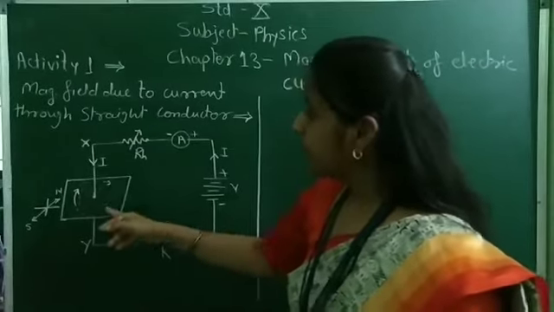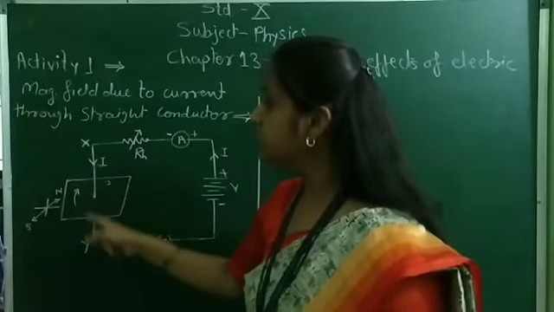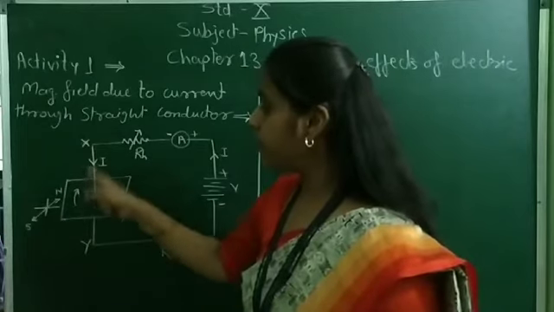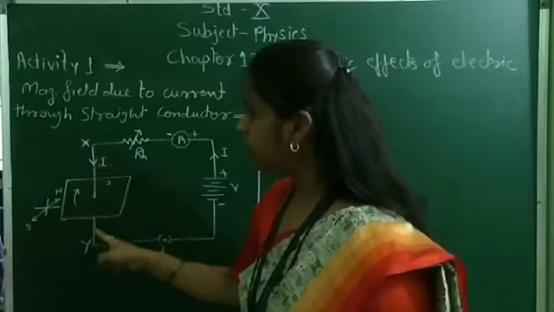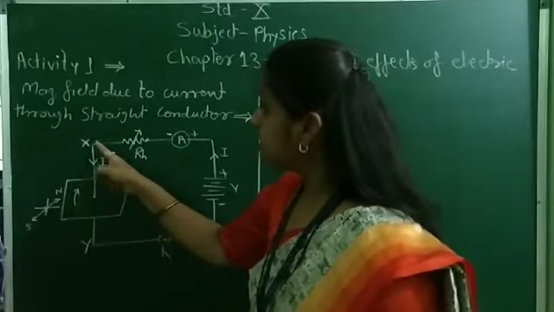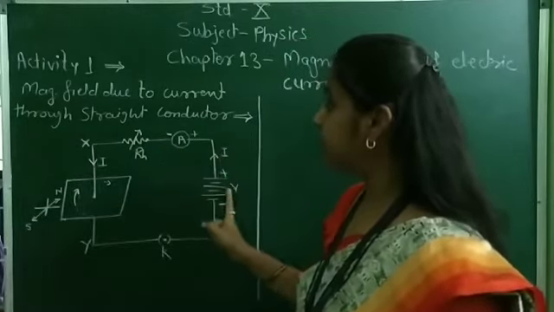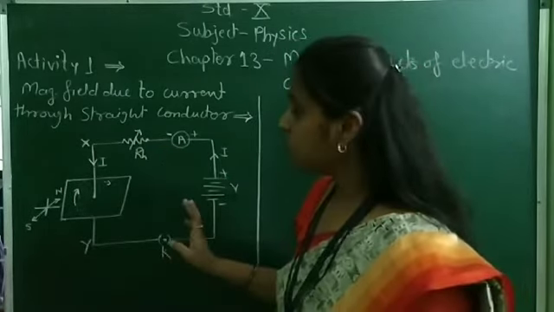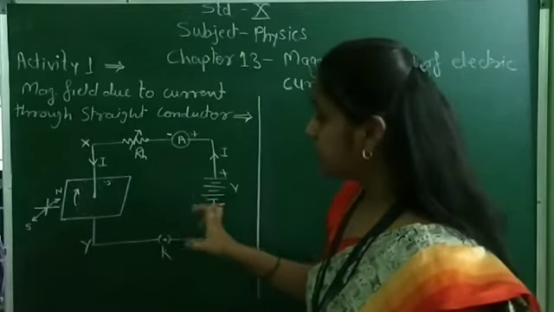Then the two ends of the copper wire are connected at points X and Y, and this copper wire is connected in series with the rheostat, ammeter, battery and the plug key. So this is our circuit diagram.